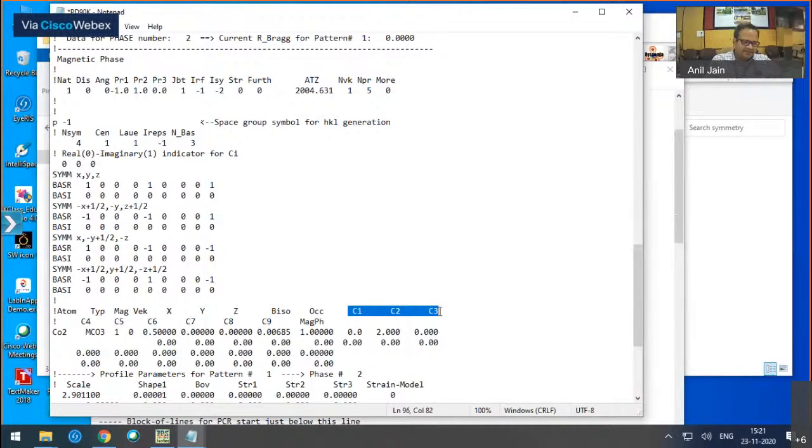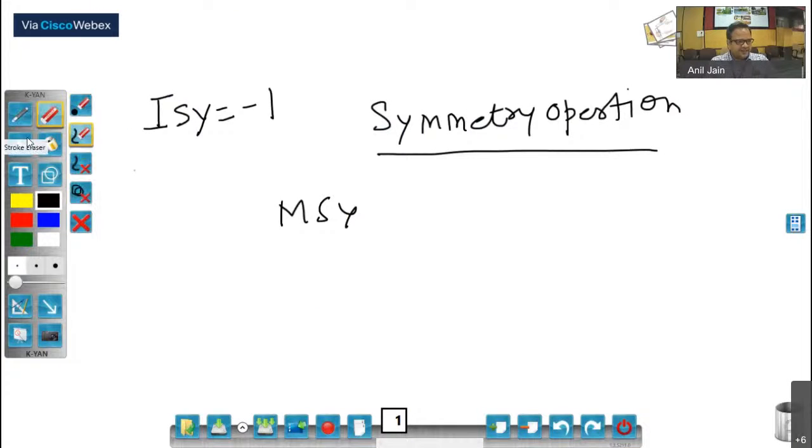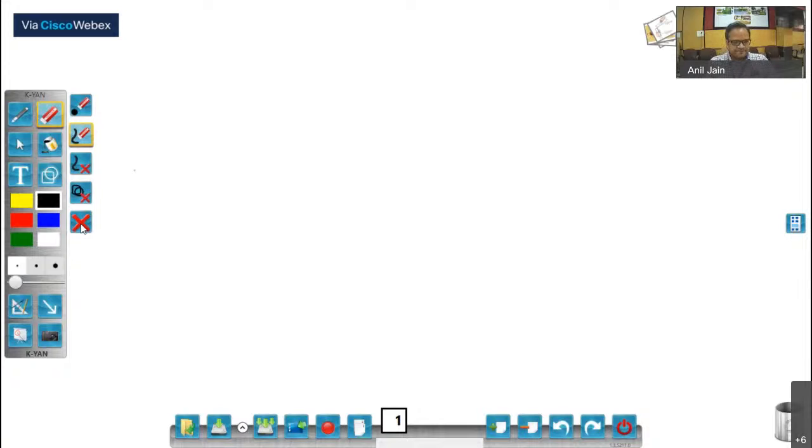And the magnetic moment will be given by this. For this site XYZ, let me write down explicitly. The basis vectors are 1, 0, 0; 0, 1, 0; and 0, 0, 1. So the magnetic moment in general can be written in terms of the Fourier coefficients of the magnetic moment, and they are directly the moment in this case because k equal to 0, 0, 0.